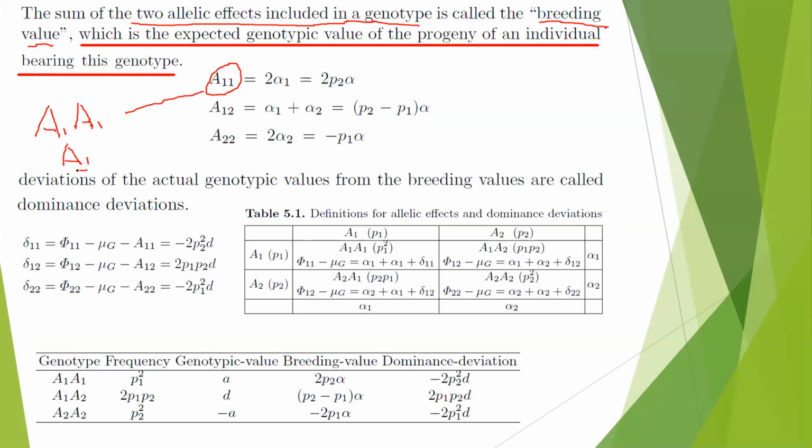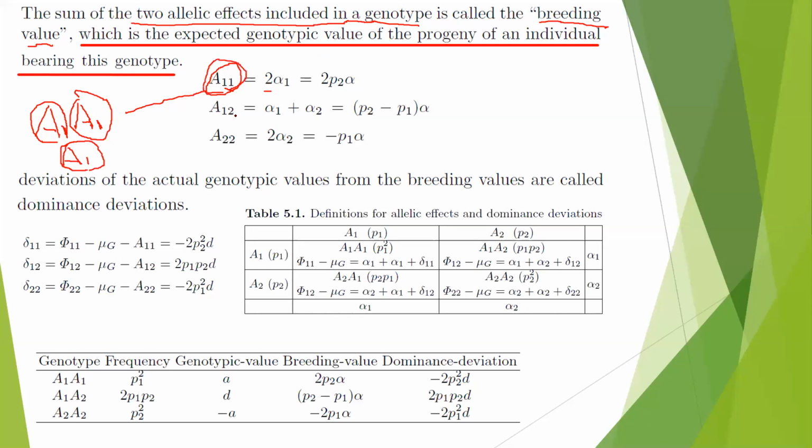We use A1 to represent the first allele, right? And we use A1 to represent the genotype. But here it is A11, so it's different. The difference is very subtle, but this is the place where we usually get confused. So don't confuse this term with the other two, right? Now, A11 represents the breeding value for the genotype of A1A1.